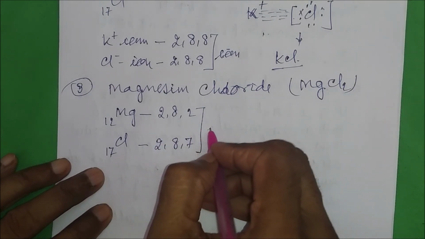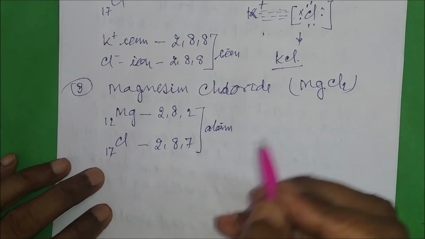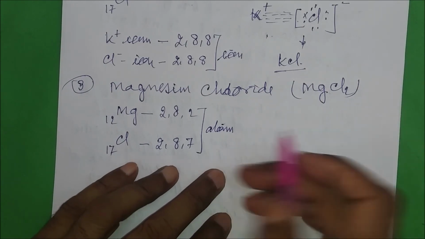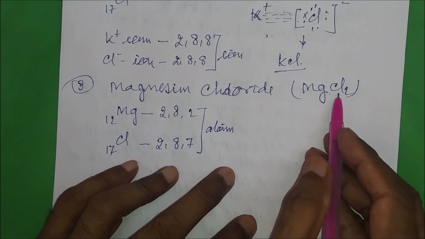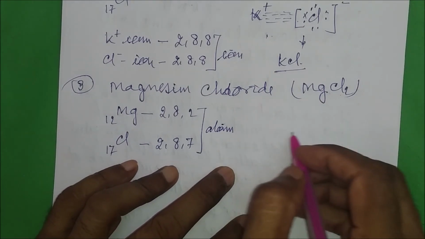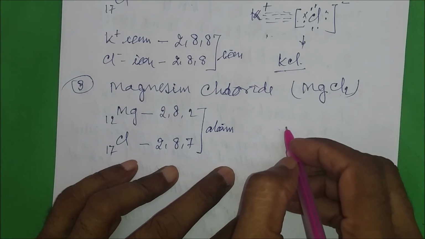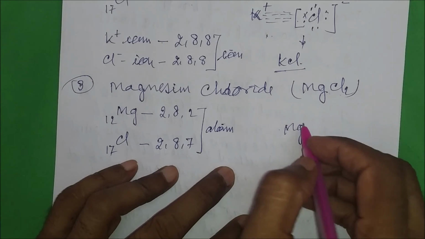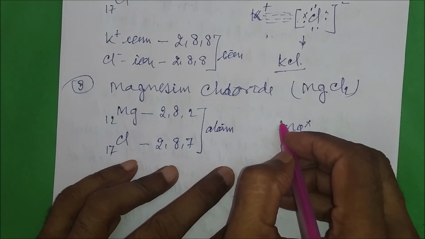These are the atoms. Is it clear? Now you see how they will combine. Here there are 2 chlorine atoms, so you write Mg here, because Mg gives one electron to each.